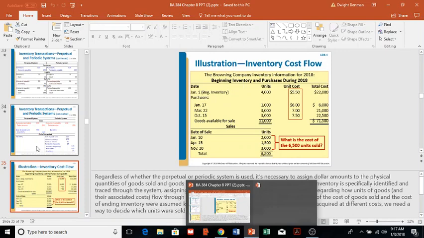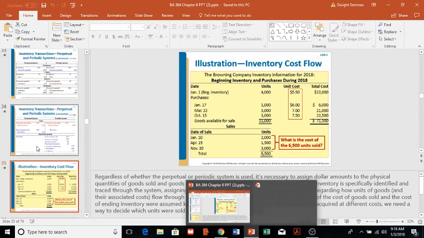Because if we bought all these items for the same price throughout the year, it really wouldn't matter what approach you use, because they would have all cost the same, right? But that is not how things work in the real world. Costs go up and down.